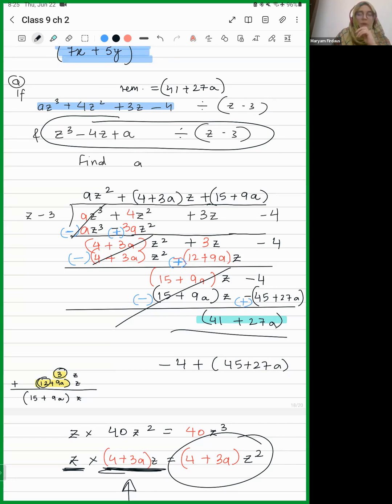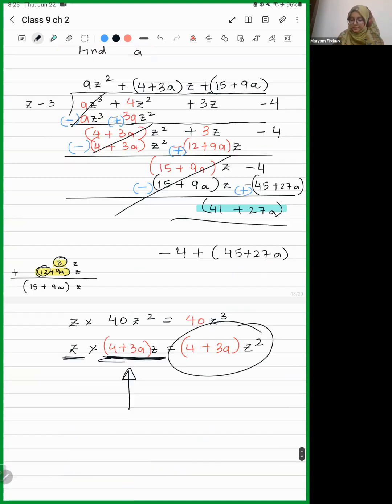Okay, let me give you an example. Let's say 2 plus 4x, or not x, let's call it b. 2 plus 4b is equal to 4 plus 3b. Okay.